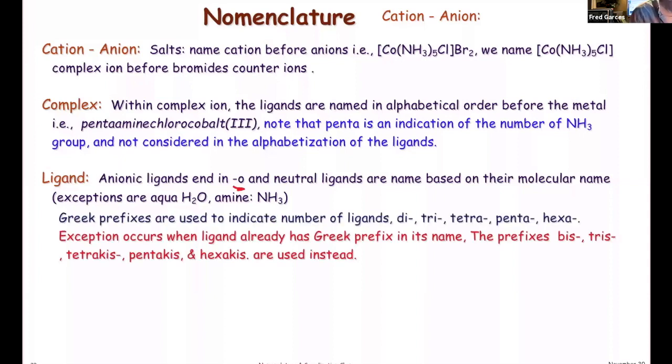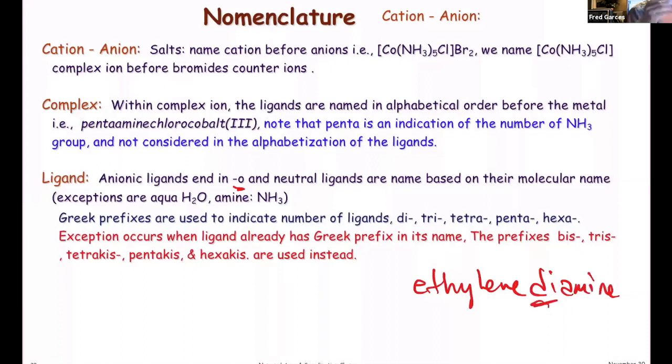Okay. Greek prefixes are used to indicate the number of ligands: di, tri, tetra, penta, hexa, hepta, okay? Except when the name already contains a Greek prefix, like ethylenediamine. See how there's a di in the name?